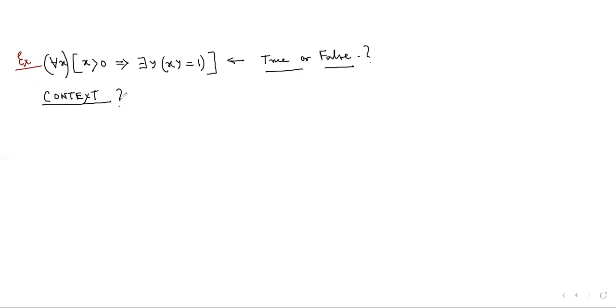Once I say that the context I'm talking about is the set of real numbers, you will immediately understand that the given statement is actually true.